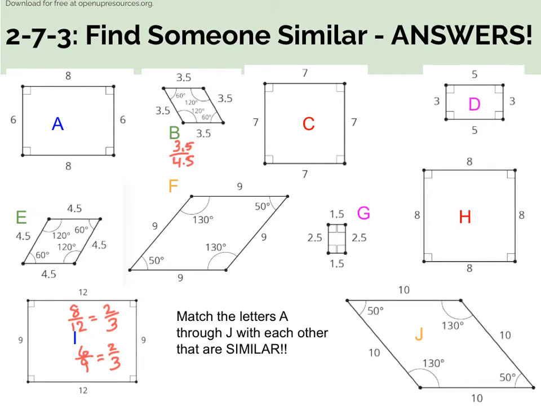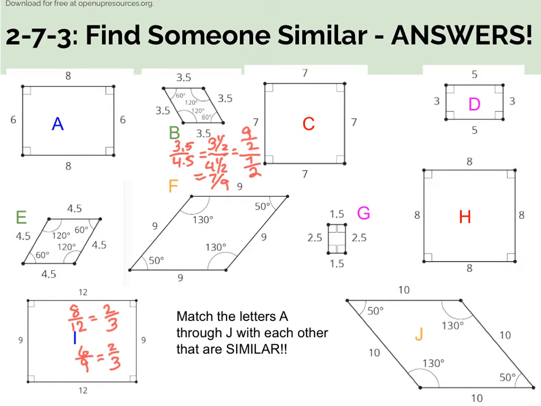3.5 as an improper fraction is 7 over 2. 4.5 as an improper fraction is 9 over 2. If we divide it all out, we are going to get 7 over 9.